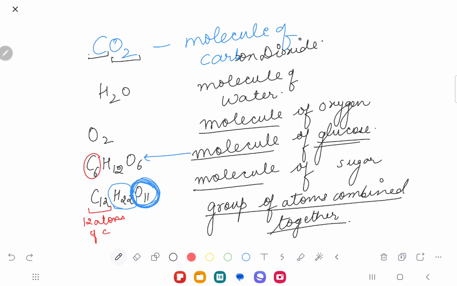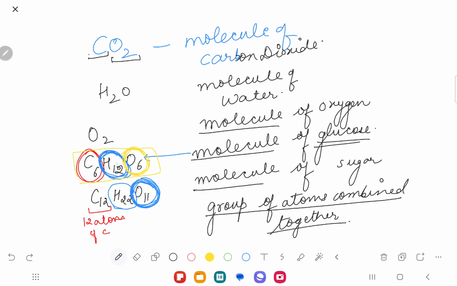It has 6 atoms of carbon, 12 atoms of hydrogen, and 6 atoms of oxygen. Yes or no?